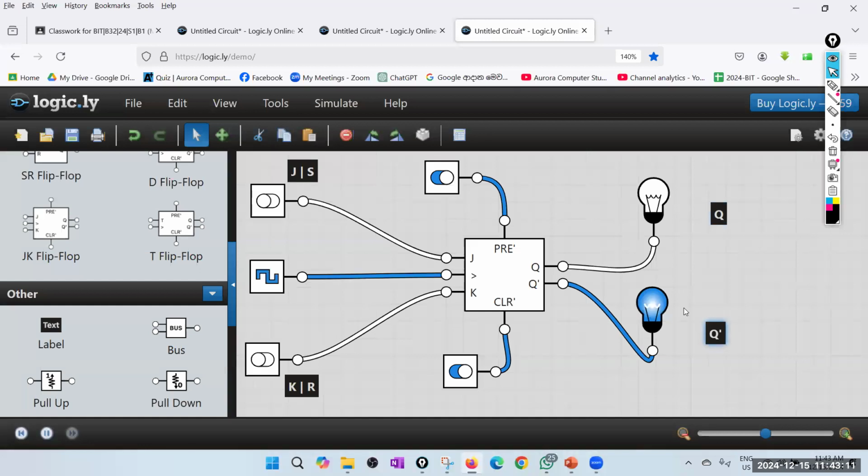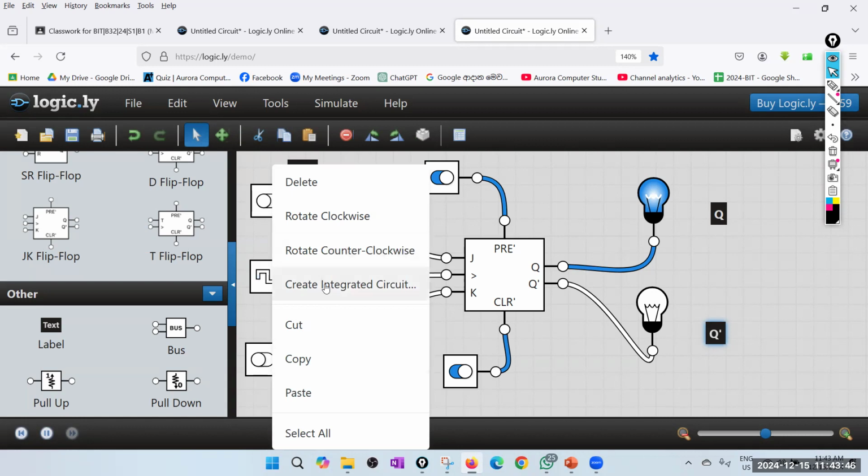Right. Now this is in the reset situation. Now if I want to set, of course both are enabled. So I just need to say S is 1. But it is not going to immediately do this. It is going to do this in the clock pulse only. Look at this. Now you can see, right, now it's back to the memory. So I can change the clock pulse rate.